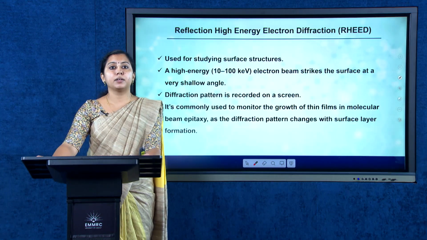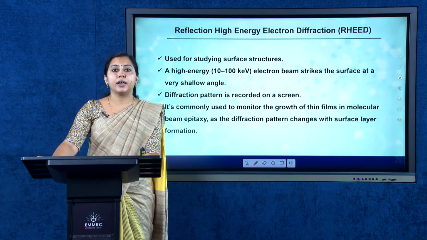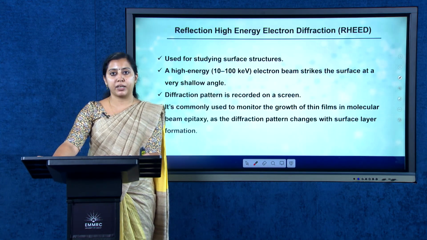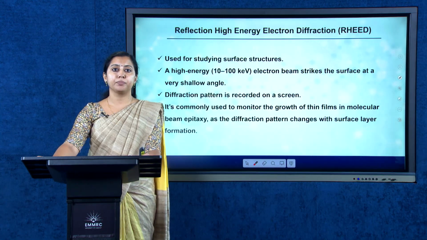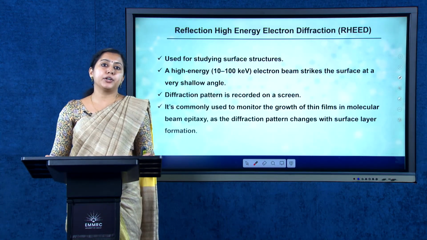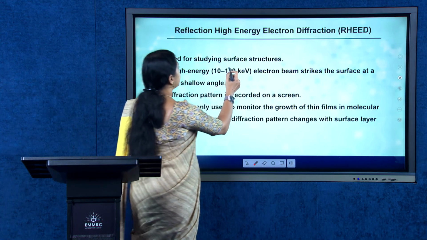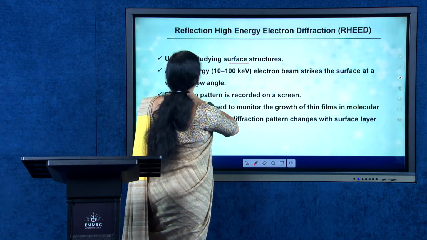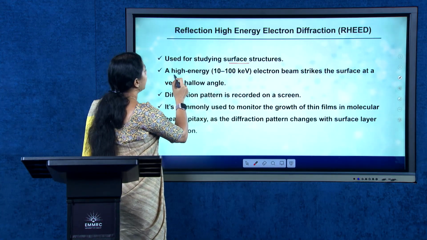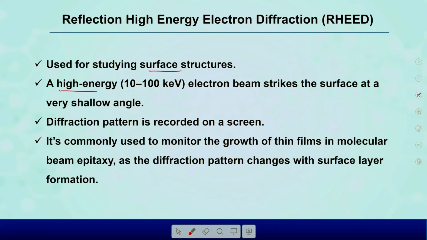The next method is reflection high energy electron diffraction, or RHEED, and this method of electron diffraction is also used for studying surface structures. Here a high energy electron beam, generally in the range 10 to 100 kilo electron volt, strikes the surface at a very shallow angle.